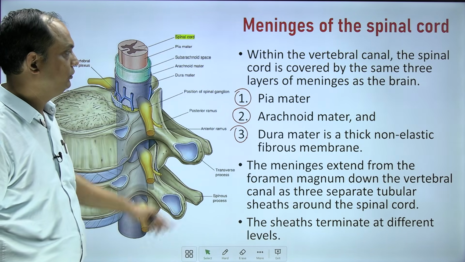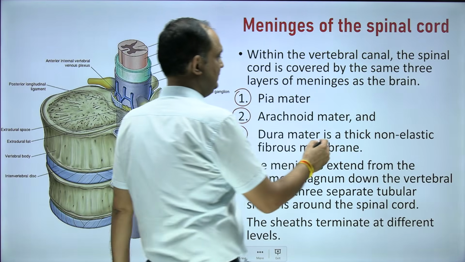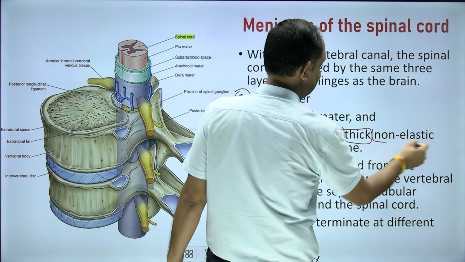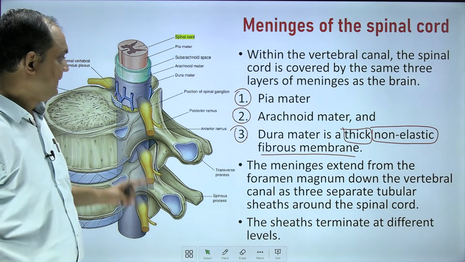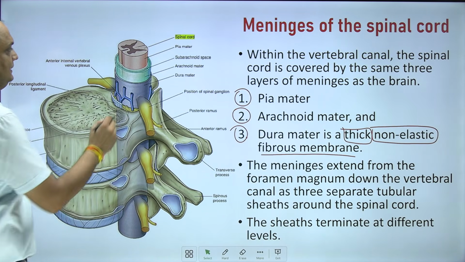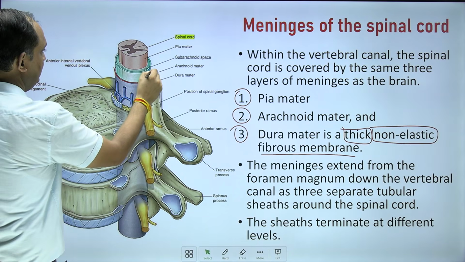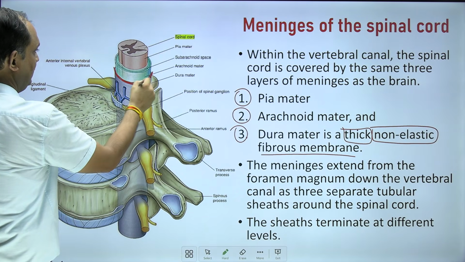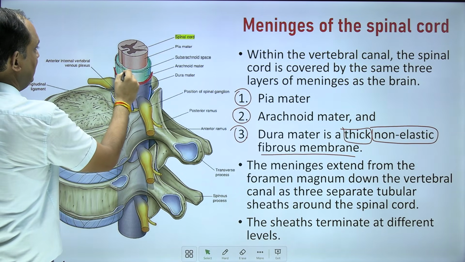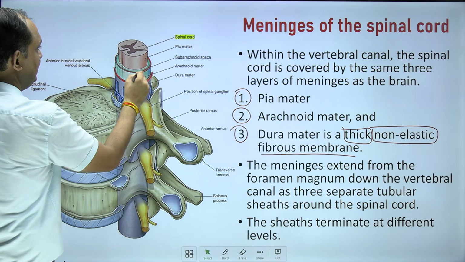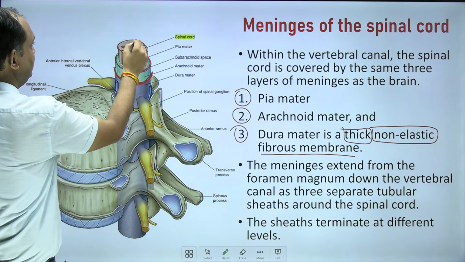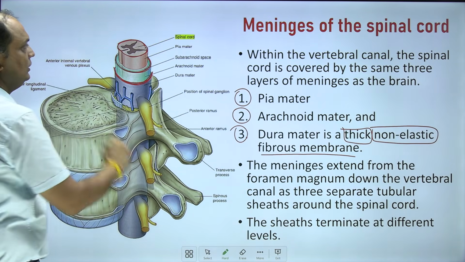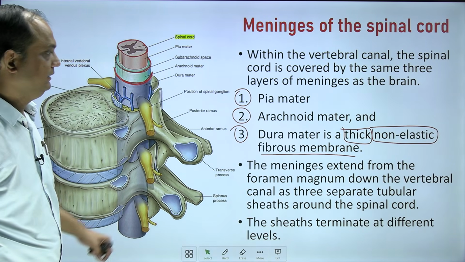Out of these 3, dura mater is a thick, non-elastic and fibrous meningeal layer. In this image you can see a tube of dura mater. Inside that is one more tube of arachnoid mater, and the innermost tube of pia mater is very adherent to the neural tissue, or the spinal cord.